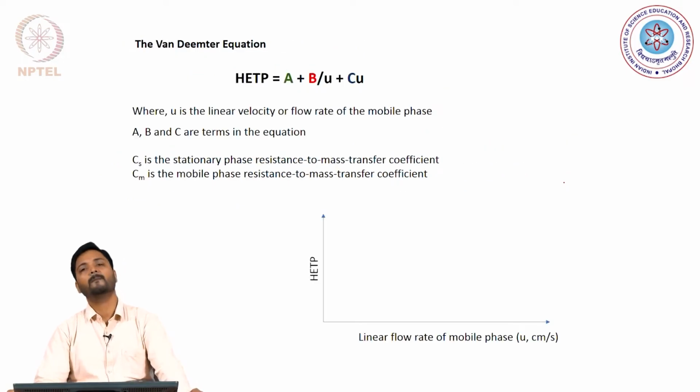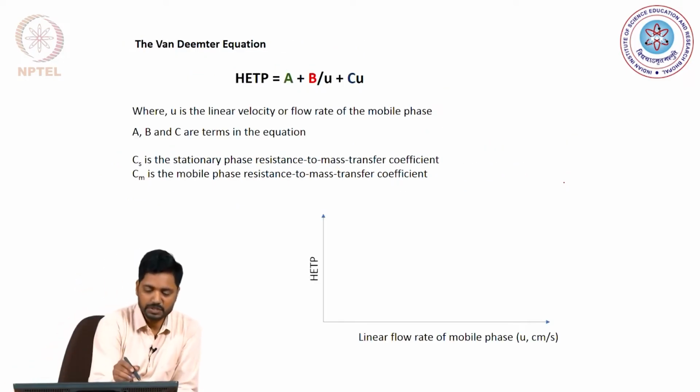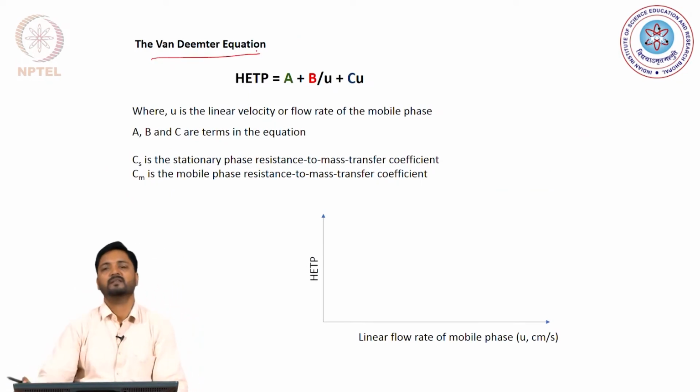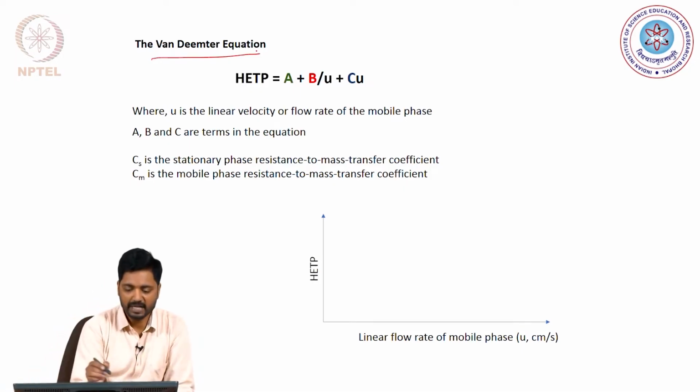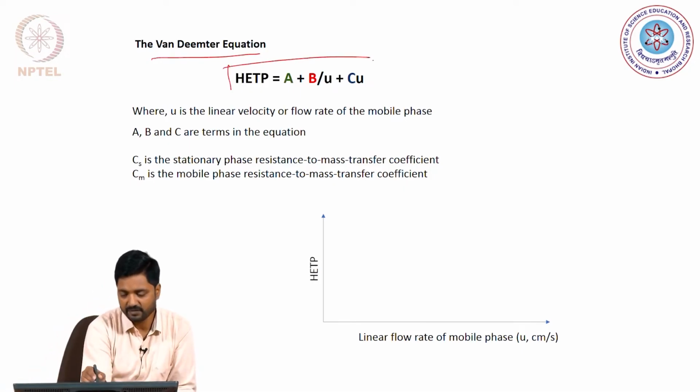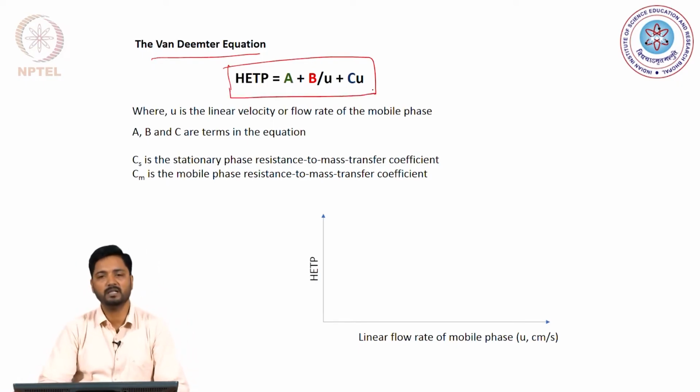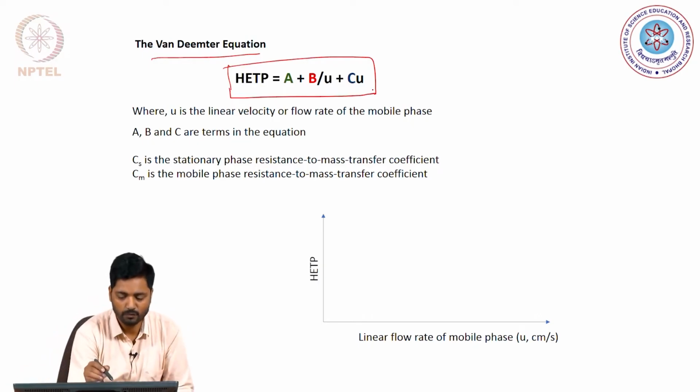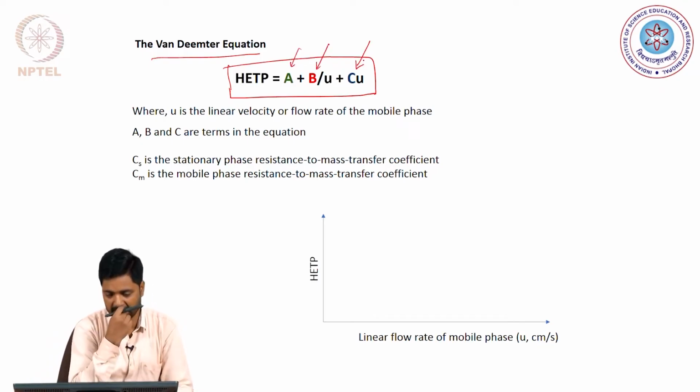So, the Van Deemter equation was able to explain this in a very efficient manner, and the equation that Van Deemter proposed in 1956 was this: he considered the plate height to be composed of three components or three terms, the A term, the B term and the C term.